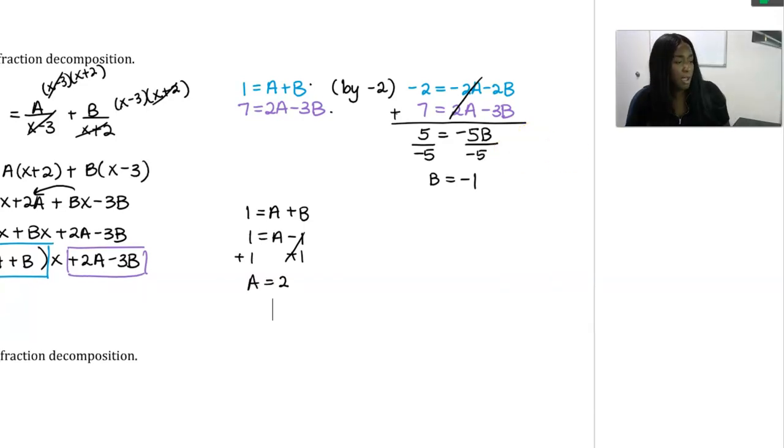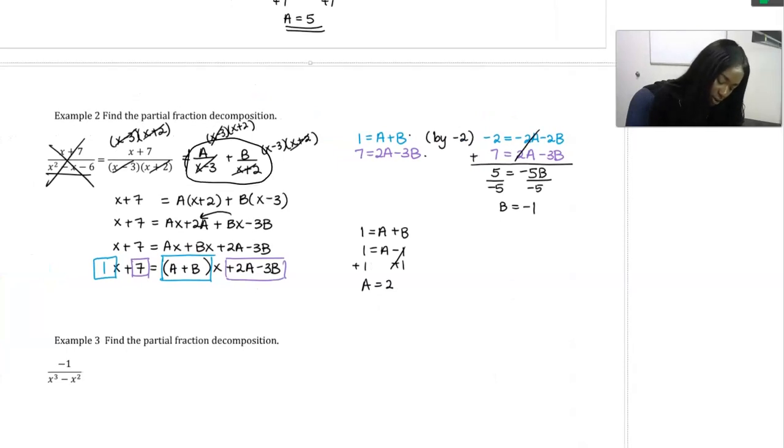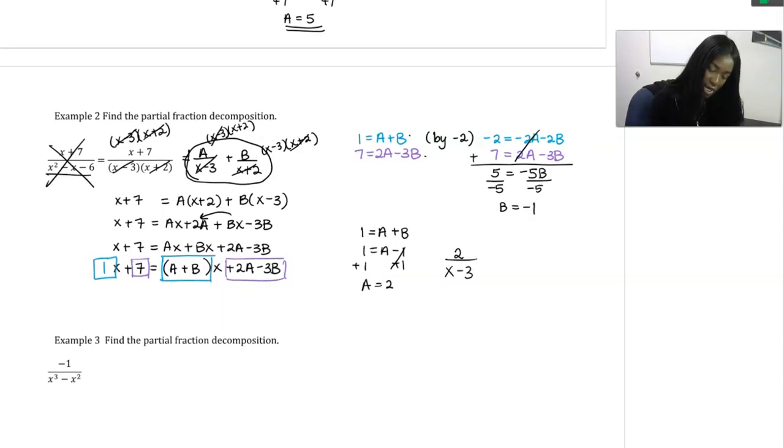So now that we know the value of a and the value of b, we can fill this out. Our partial fraction decomposition is 2 over x minus 3, that's the A over x minus 3, plus negative 1 over x plus 2. That's our B over x plus 2.